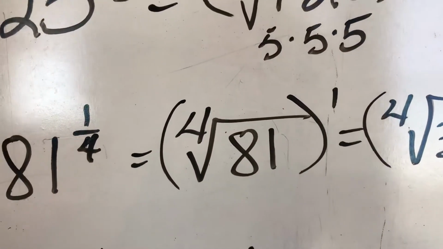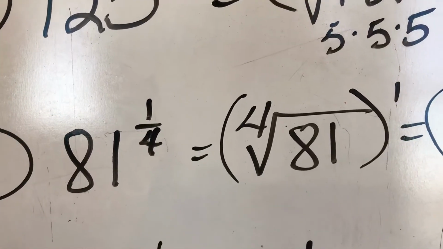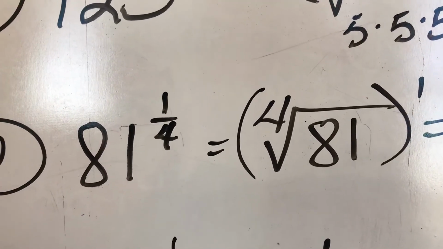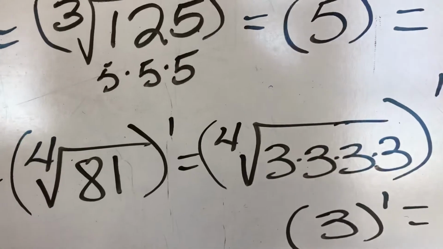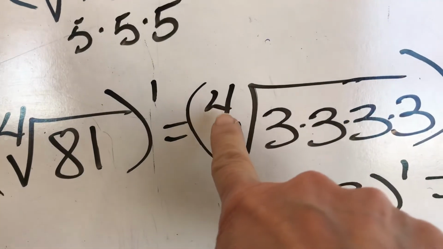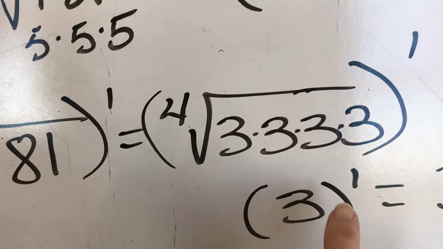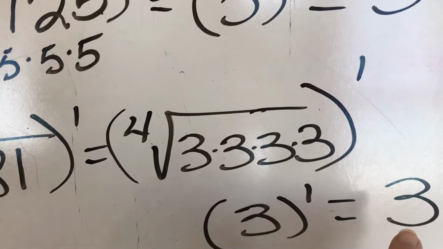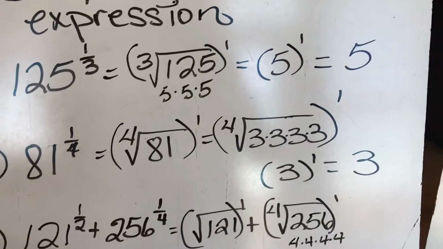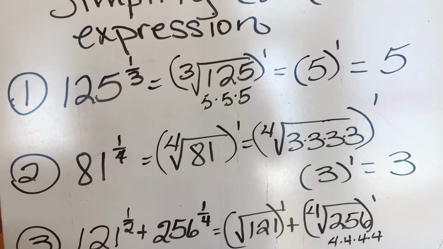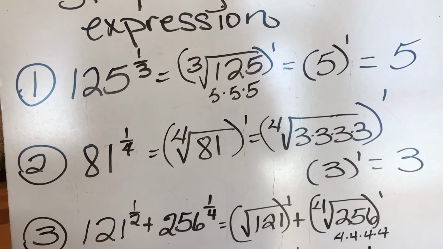I've got to think to myself, what number times itself 4 times equals 81? Well, 3 does. So the fourth root of 81 would be 3. And then I take it again to the first power, and it would just equal 3. Let me back off so you can see that one in the whole thing.